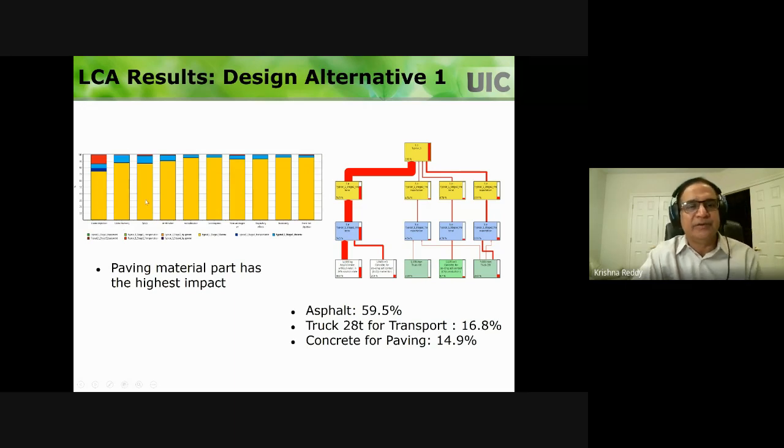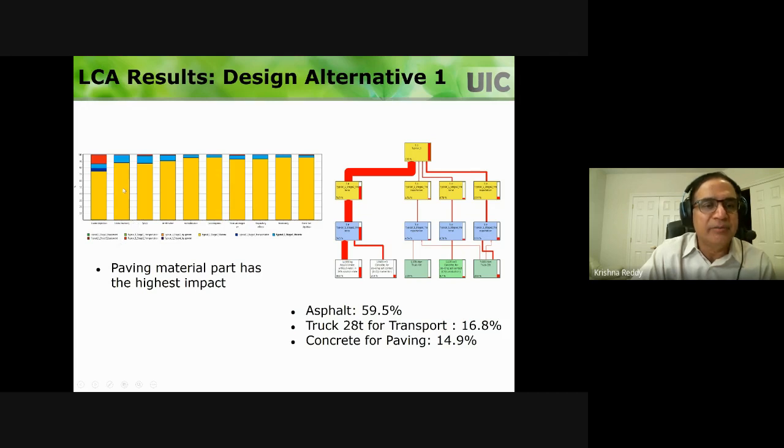So this is ozone depletion, this is smog, this is eutrophication, this is acidification, carcinogens, non-carcinogens. So you have all these different indicators, right? What are the elements that are involved in making this one, and which one is contributing how much?